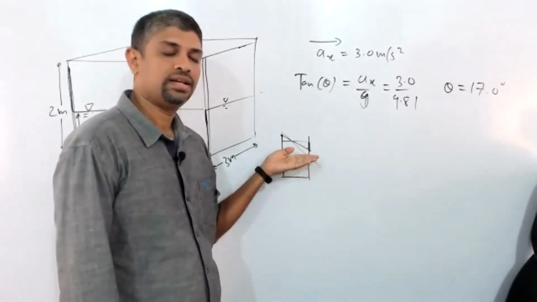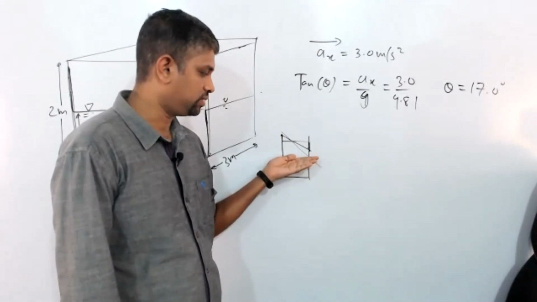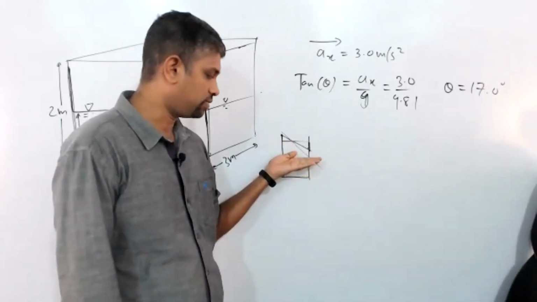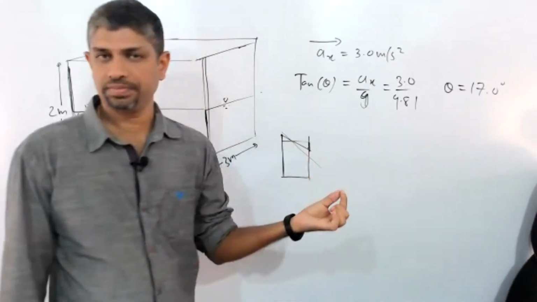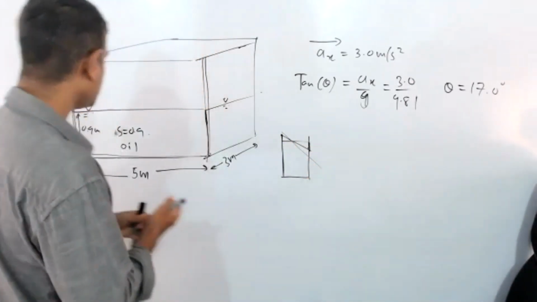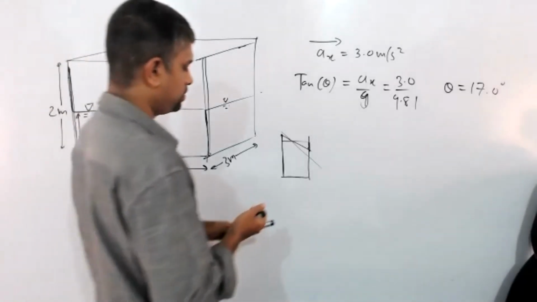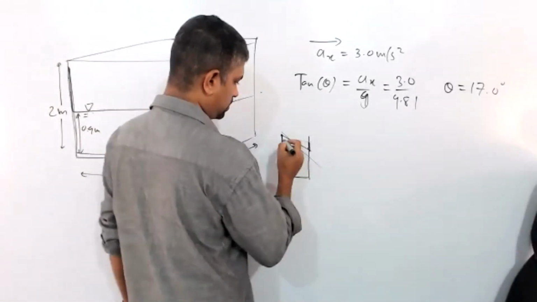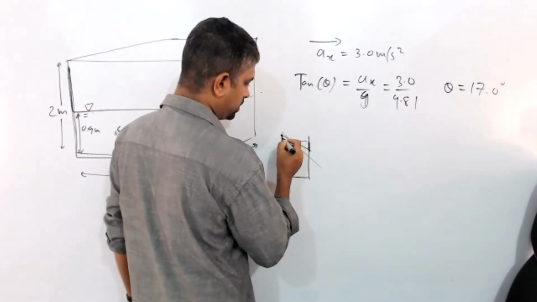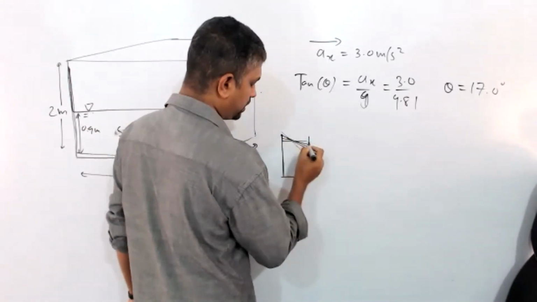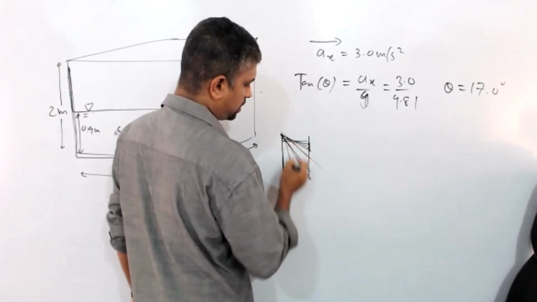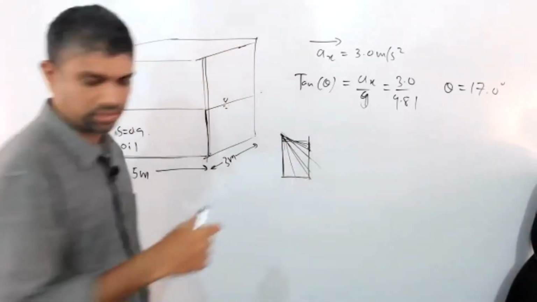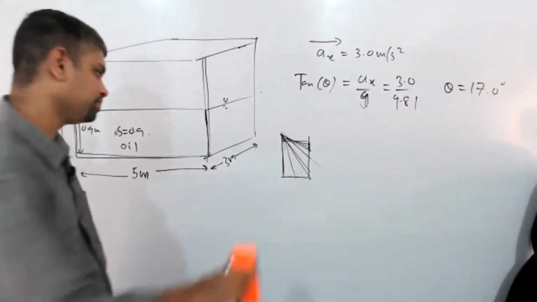If it is filled less than half of the height, it will first reach the bottom at the front end. So first it will be something like this, then gradually increase, and come to here.